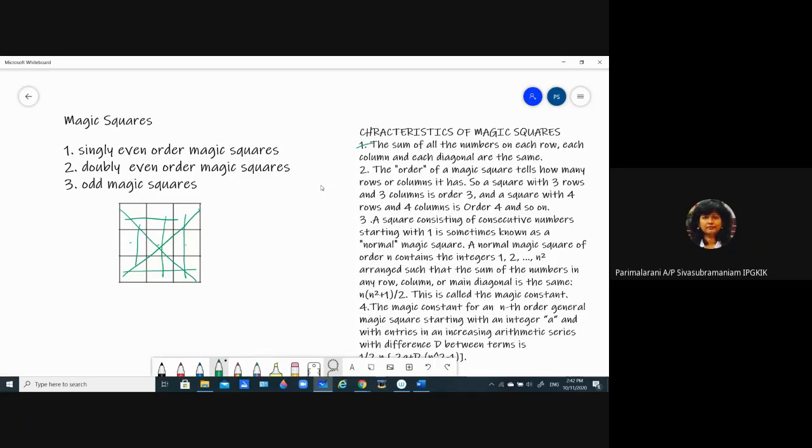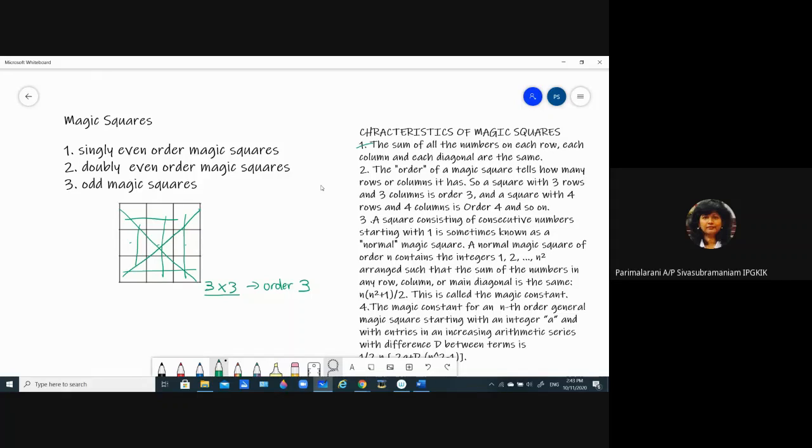Okay, so number two, the order of a magic square tells how many rows or columns it has. For example, this square here is a 3 by 3 magic square. When you say 3 by 3 magic square, it means that the order of this magic square is 3.